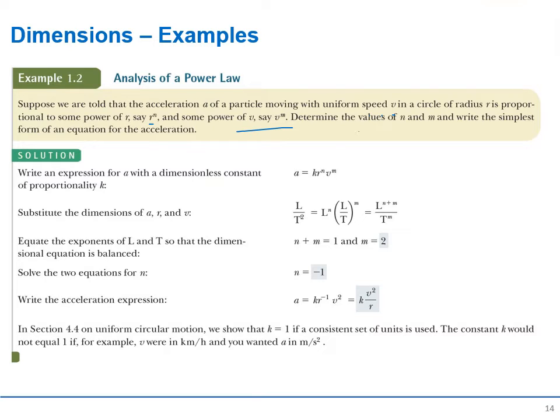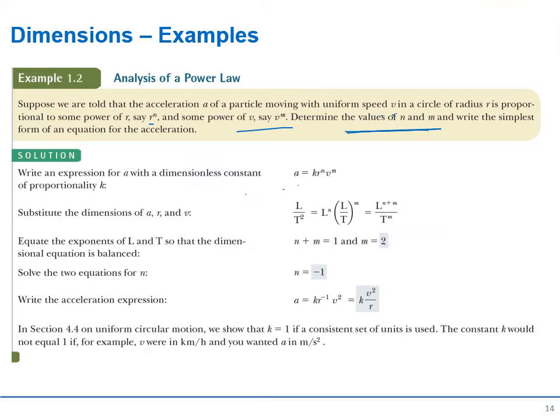You need to find the values for n and m and write the simplest form of an equation for the acceleration with a dimensionless constant of proportionality k. So just take any constant and write down the variables with the powers.